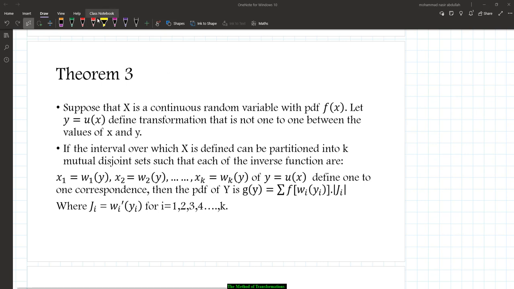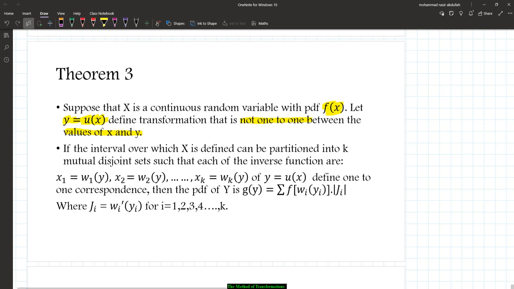Suppose that x is a continuous random variable with a PDF of fx. So let y equal u(x). This is an inverse solution. Define that the transformation is not one-to-one between the values of x and y. In the previous examples, the random variables y and x had a one-to-one relation.